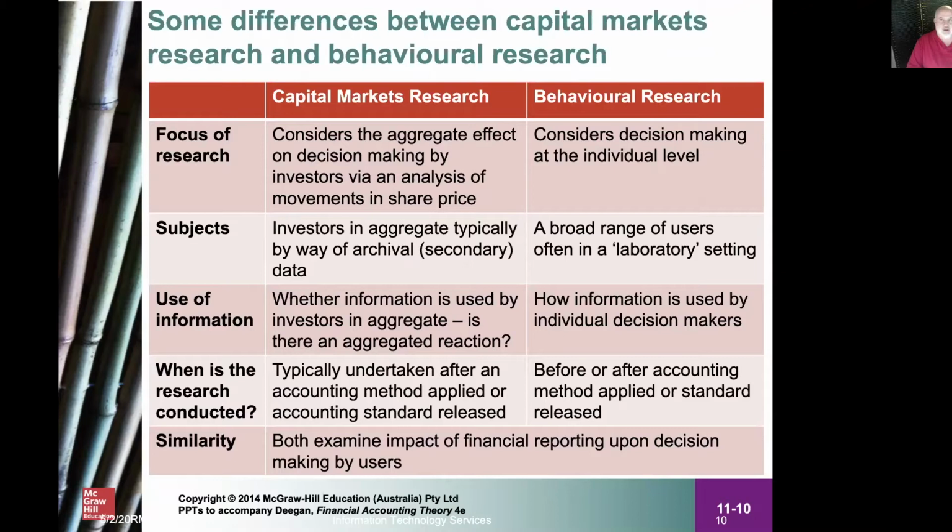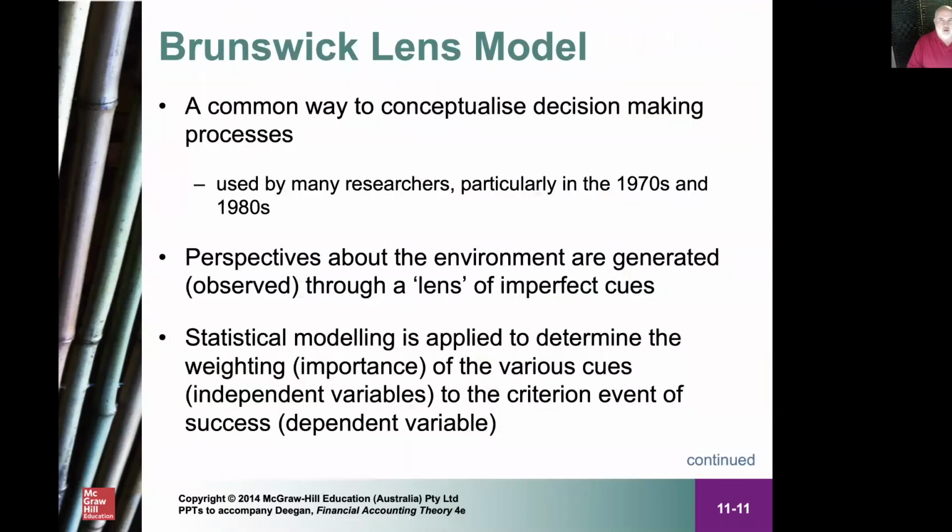Now, there's a few things that we need to talk about, and one of these was used back in the 1970s and 80s, and it was called the Brunswick lens model. It was a common way to conceptualize or understand decision-making processes.